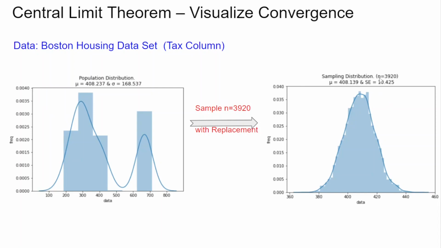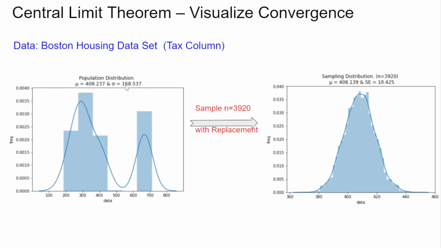And this standard error is now more seriously useful for us, because all it says is, look, my mean is around 408.13, and one standard deviation is about 10 points away from the mean. However, here, it is just way too off. It says the mean is around 408.23, and one standard deviation is 168 points away, which is just too big.